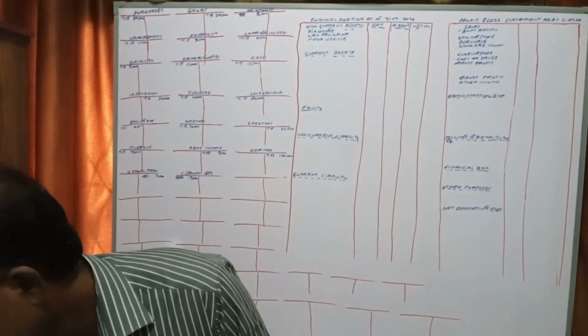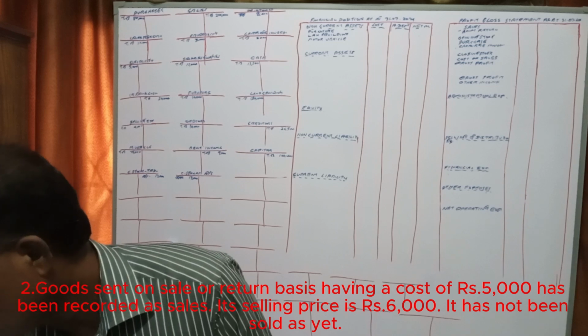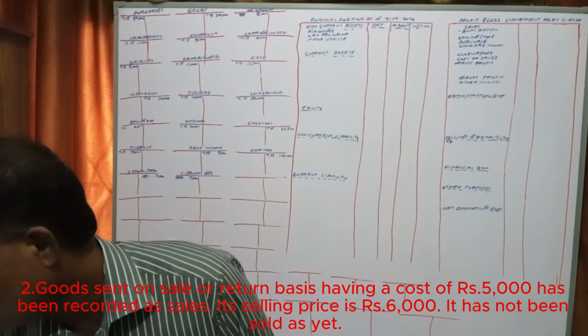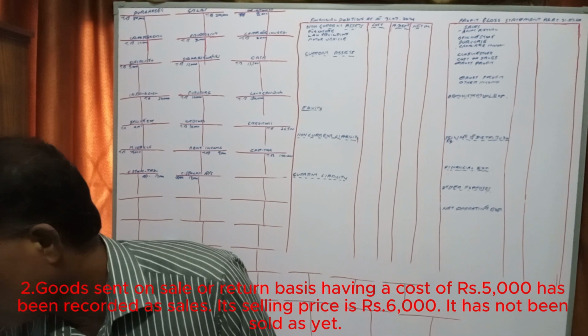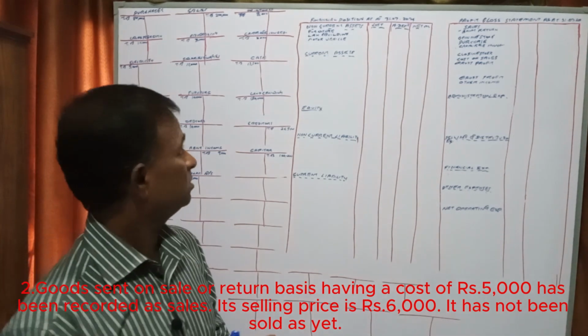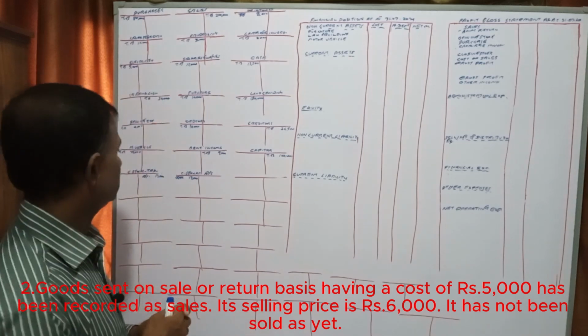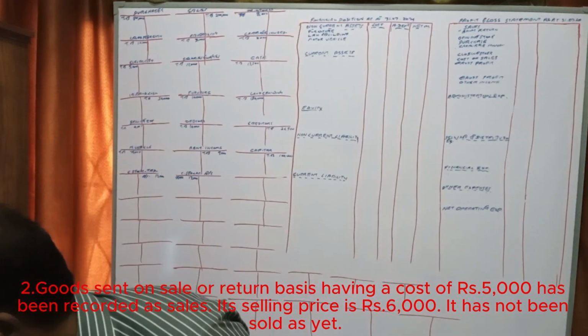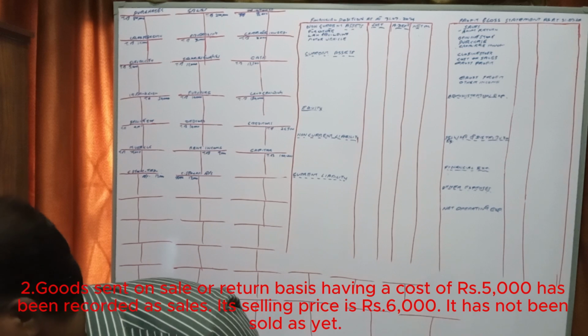Number two, goods sent on sale or return basis having a cost of 5,000 have been recorded as sales. Its selling price is 6,000.